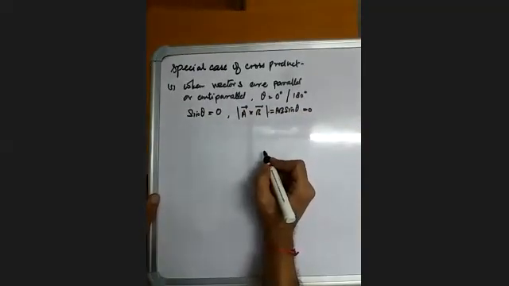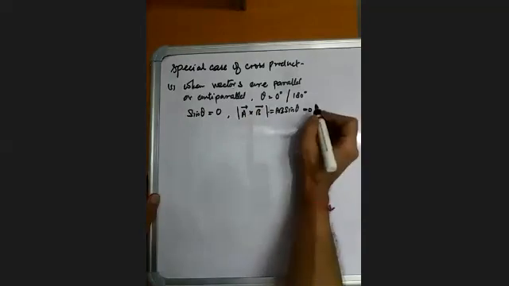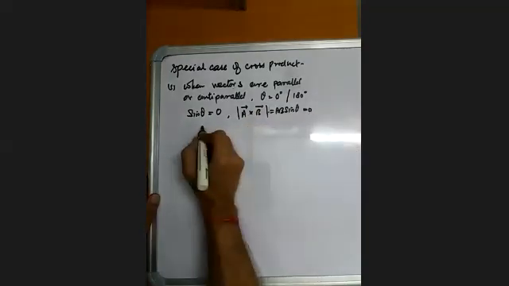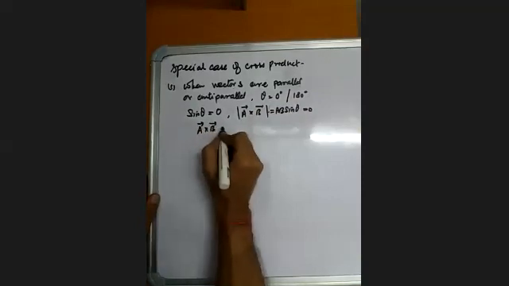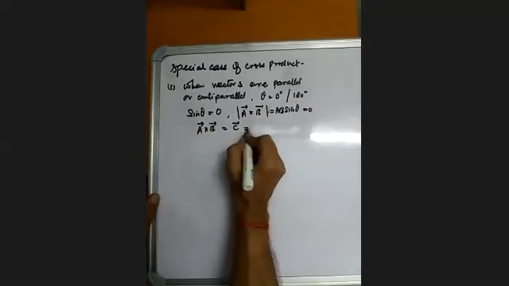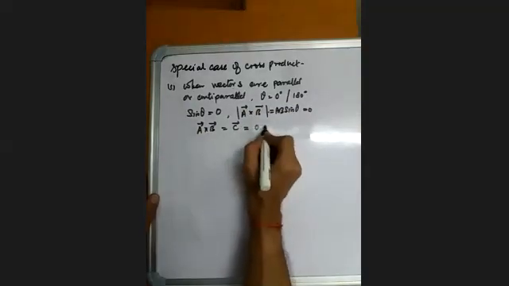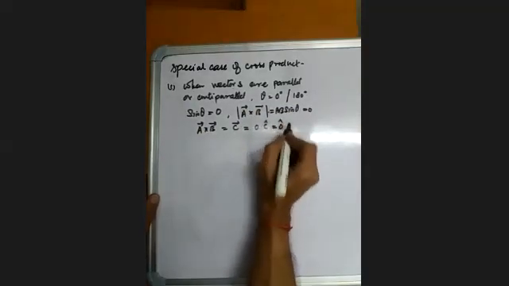Therefore, A cross B vector, which is equal to AB sine theta times C cap, will be 0 times C cap, that is 0.